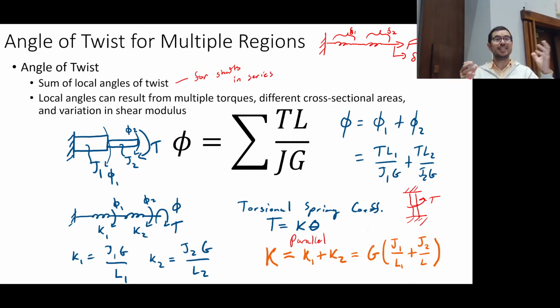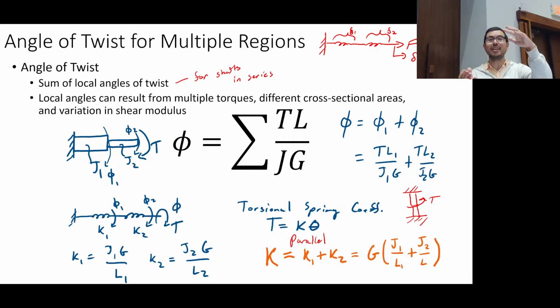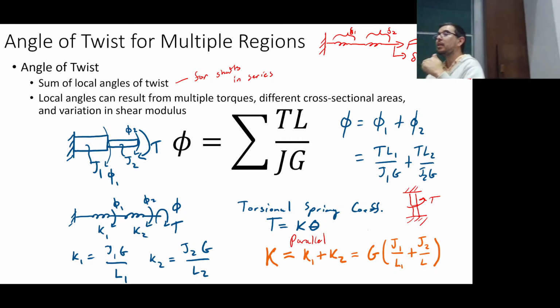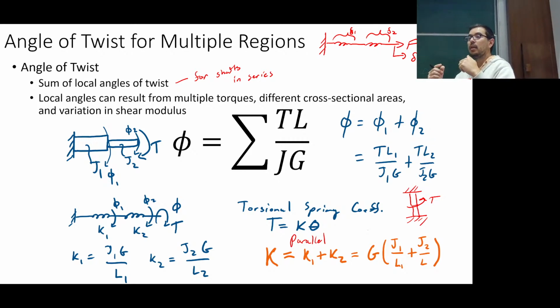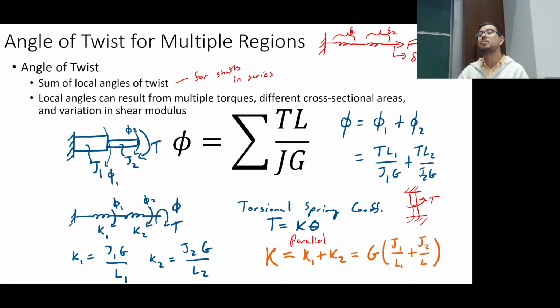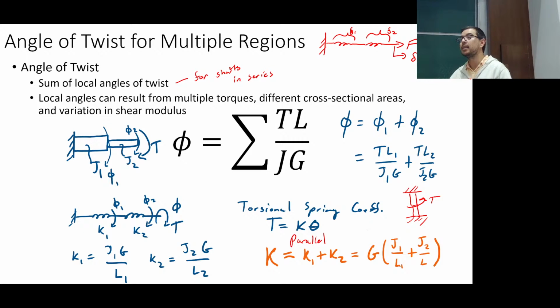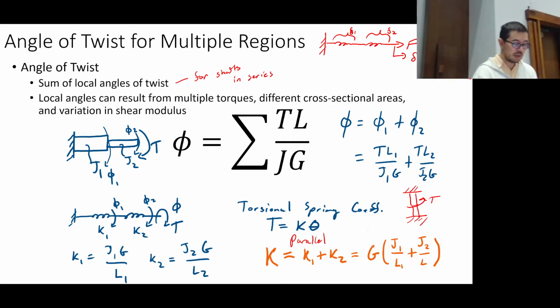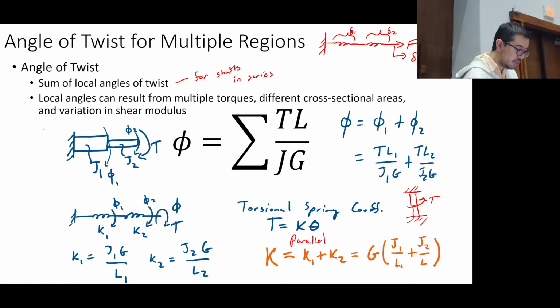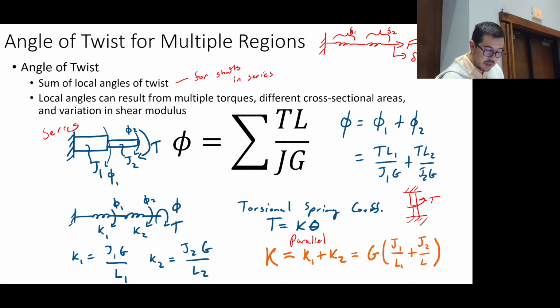This looks like the bar stuck between two different members. So the torque is not necessarily the same in these, because that's an external torque being applied there in the middle. So I have some reaction torque here and some reaction torque. So the torques are not going to be the same, but the displacements are the same. And since the displacements are the same, this is going to be in parallel. So this is series, this is parallel.